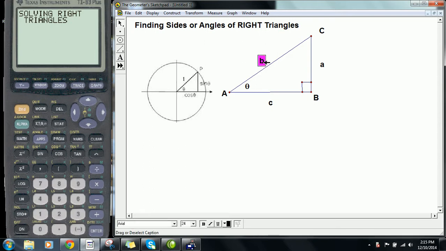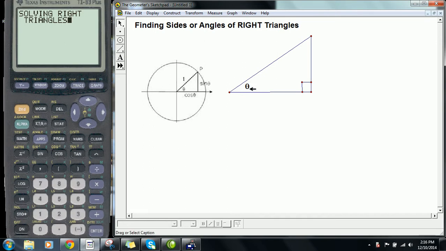Now, I'm going to take it a step further. I'm going to get rid of the A's, the B's, and the C's. And I'm going to just look out at this triangle from this reference angle, theta. If that reference angle theta is the angle that I'm looking out into this triangle from, then we can name each of the three sides relative to this reference angle.